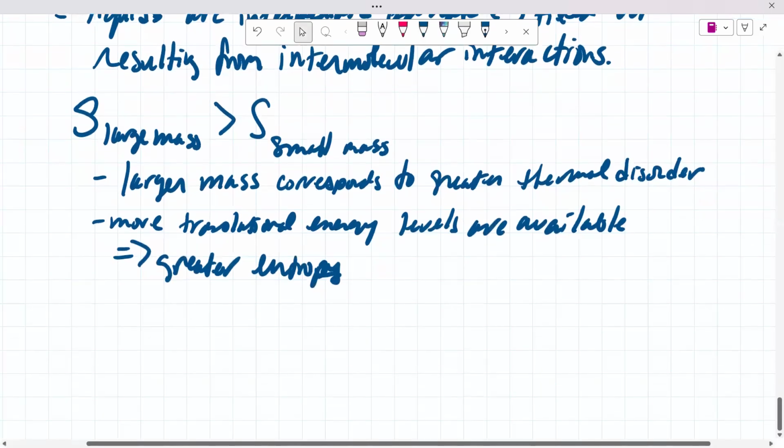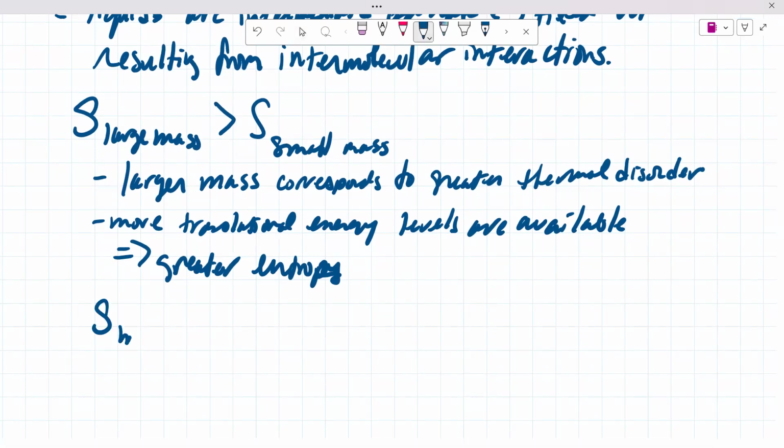Okay, let's do another comparison. The entropy of more atoms is greater than the entropy of fewer atoms.